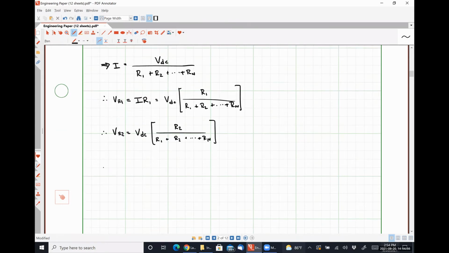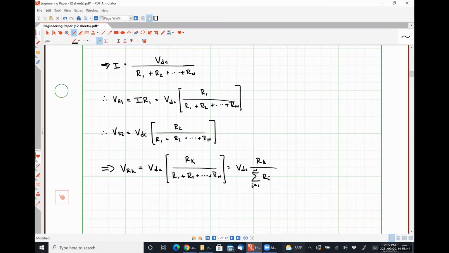And in general, I can say that the voltage drop over the kth resistor is VDC times Rk, my resistor of interest, divided by R1 plus R2 all the way out to Rn, or using my summation notation, VDC times R sub k over the sum from i equals 1 to N of R sub i.